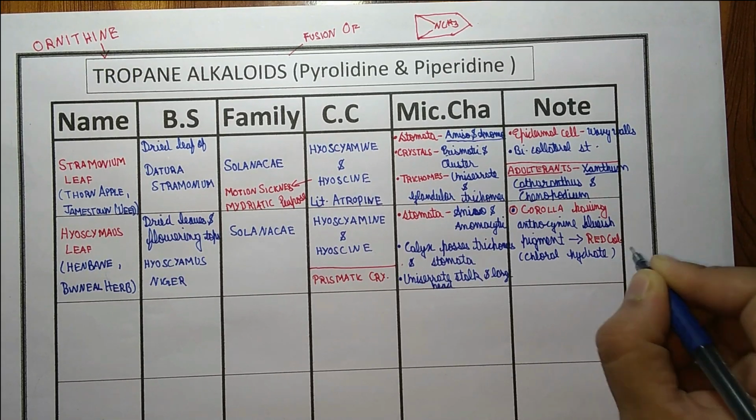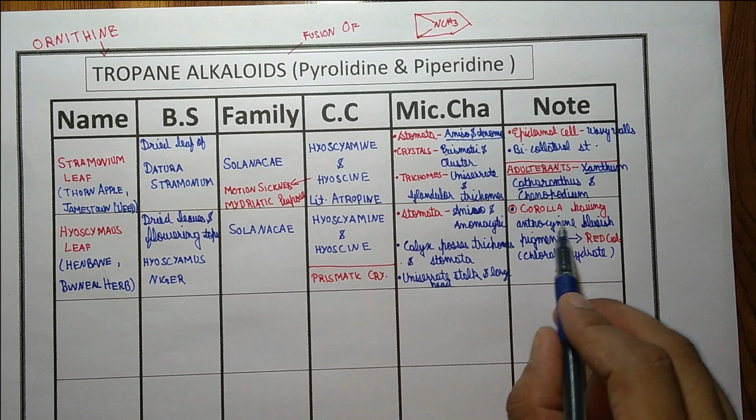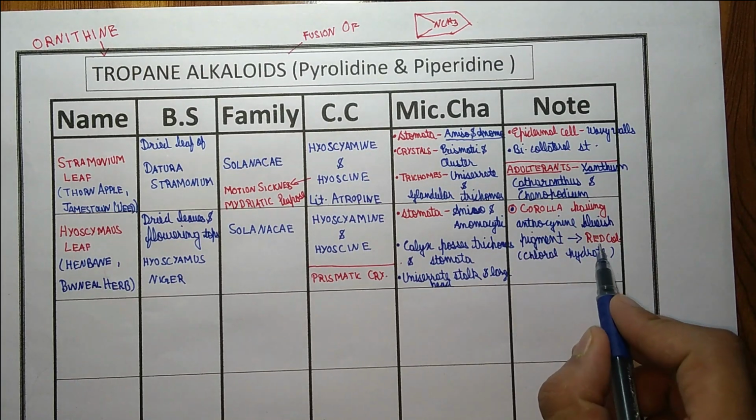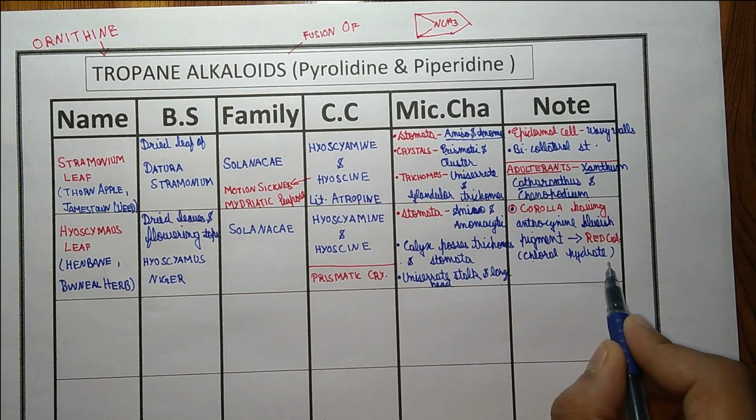Clear, students? The corolla has anthocyanin bluish pigment which turns into red color in presence of chloral hydrate.